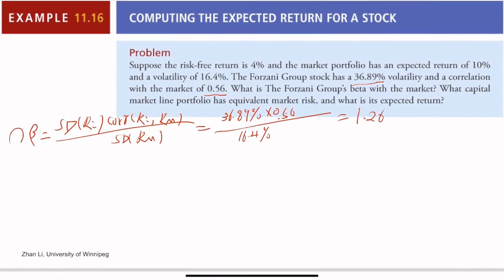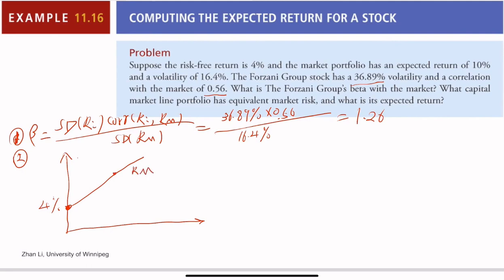And the second question is about what capital market line portfolio has the equivalent market risk and what is its expected return. So if you think about the capital market line, we have the risk-free rate here, which is 4%, and we have the market portfolio here.